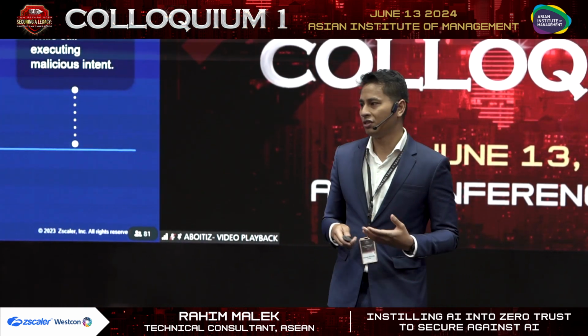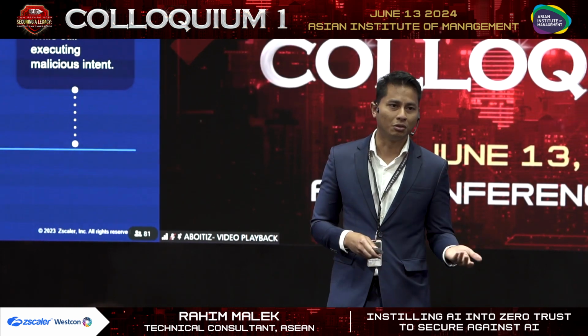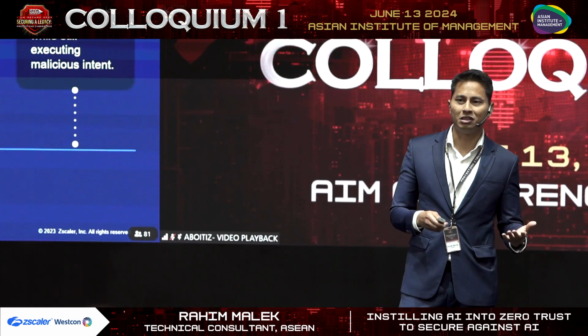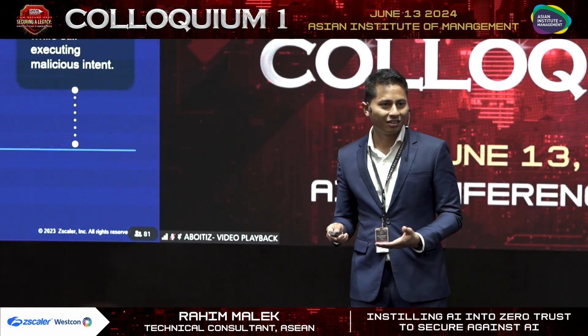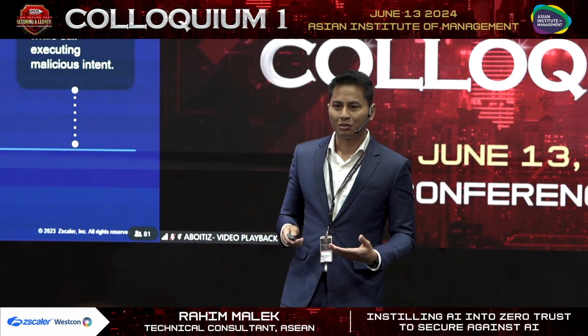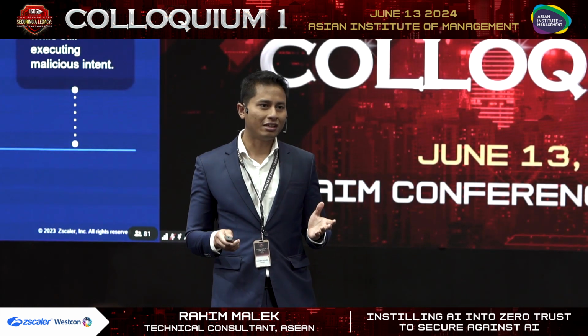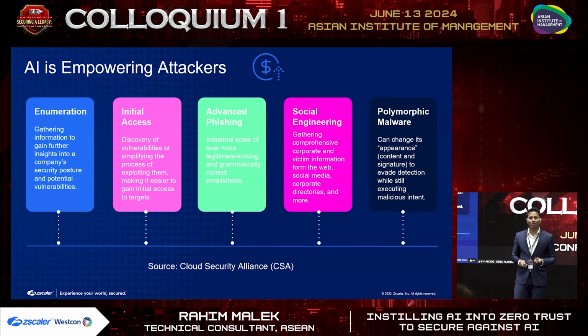Let's say you want to do a spear phishing attack on a certain CIO or CEO. Even for Zscaler, our CEO is Jay, and someone actually impersonated Jay as Zscaler's CEO to ask for money. All these very prominent advanced phishing attacks actually leverage AI.